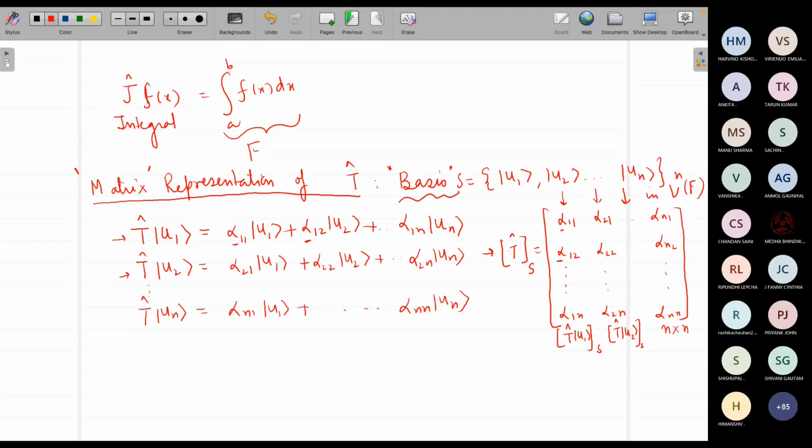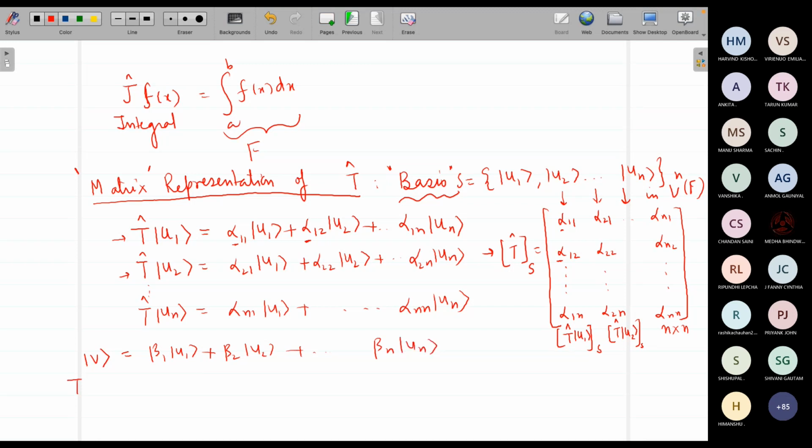In fact, it is very important to note that if I know the operation of my linear operator on the basis vectors, then I know what will happen to any general vector also. Now, a general vector in this space can be written as what? Beta 1 u1 plus beta 2 u2 plus so on and so forth, beta n un, right?